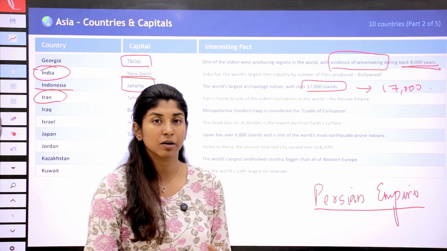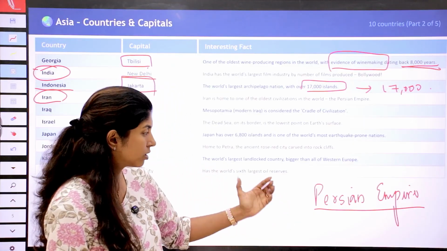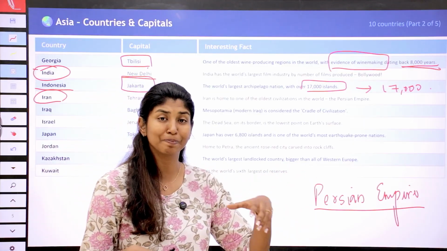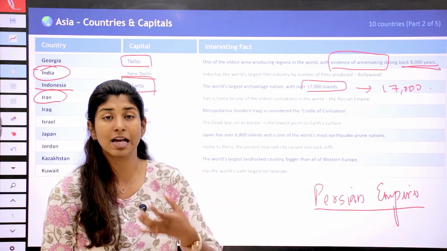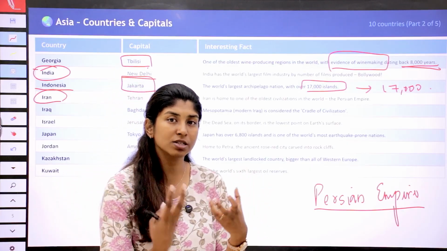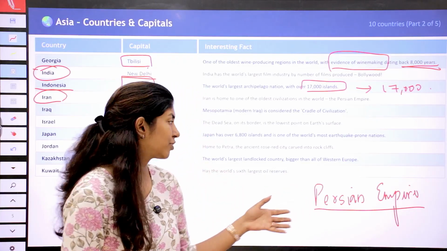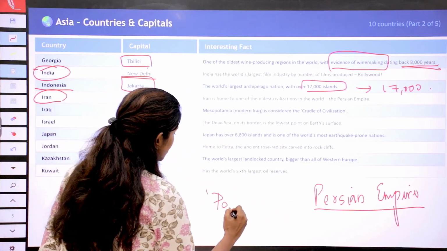For example, in India, when the Persians, Turks, and others came and built monuments, for example the Taj Mahal, they also built enclosed gardens, and from that the word paradise was derived.